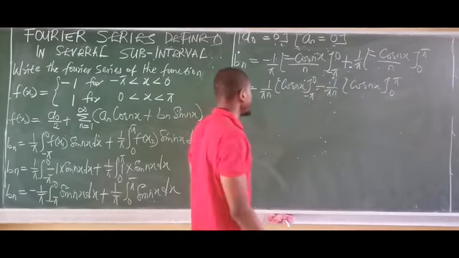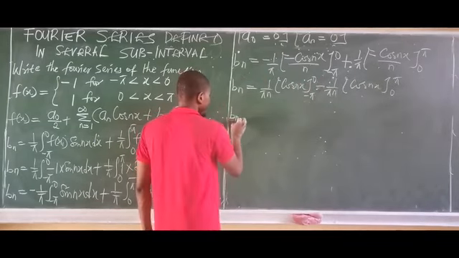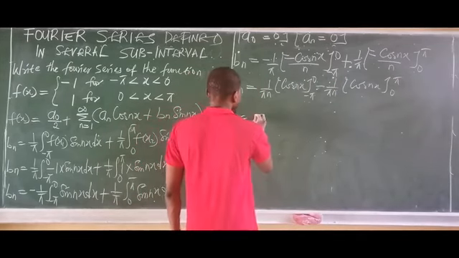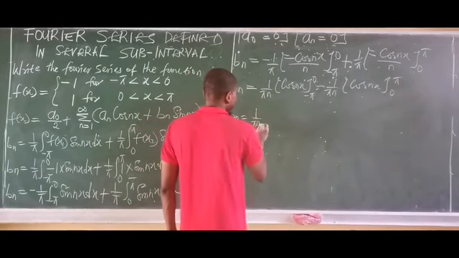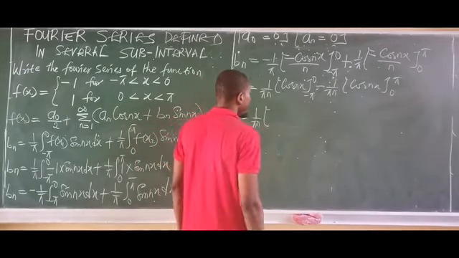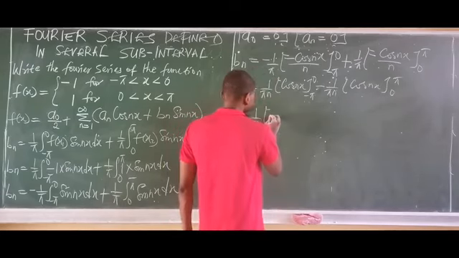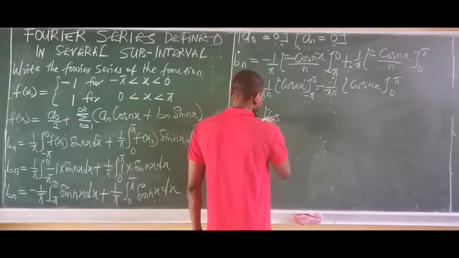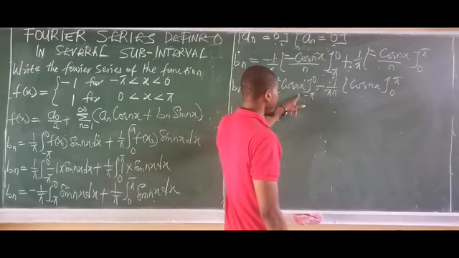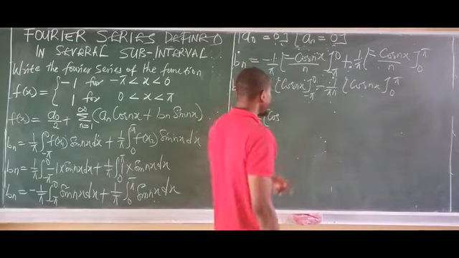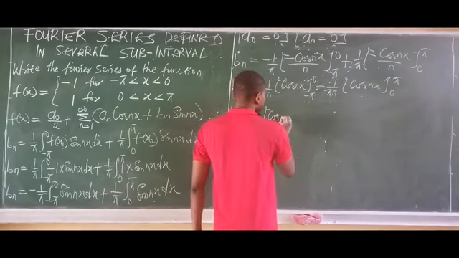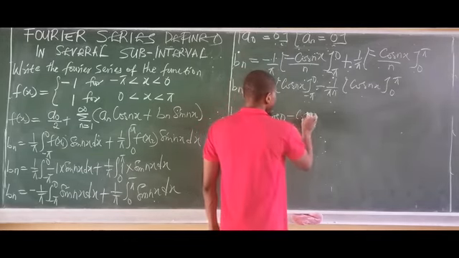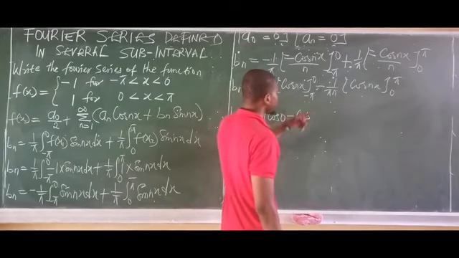All right, so at this point, let's put in the limits. We have bn is equal to 1 all over pi n. So always upper limit comes first. I'm taking a different approach now. This is cos nx. In place of x, put in the upper limit. Upper limit is 0. So this is now 0 times n becomes 0. So I have cos 0 minus the lower limit. Lower limit is minus pi.